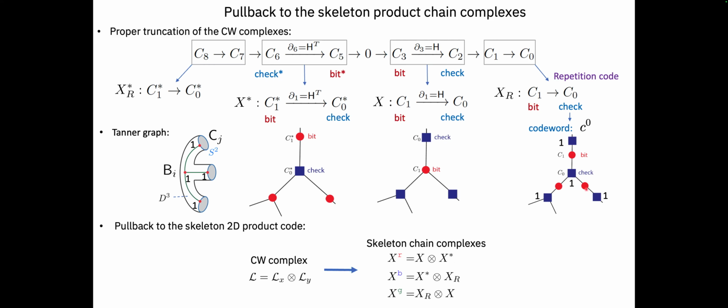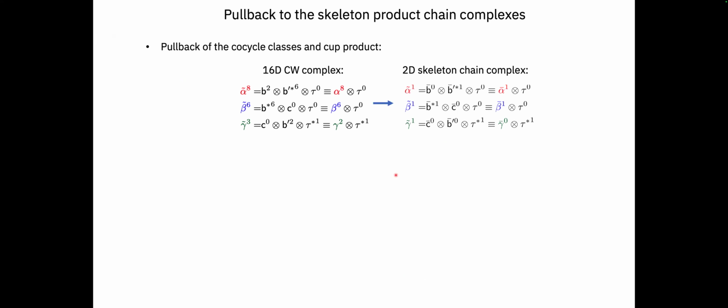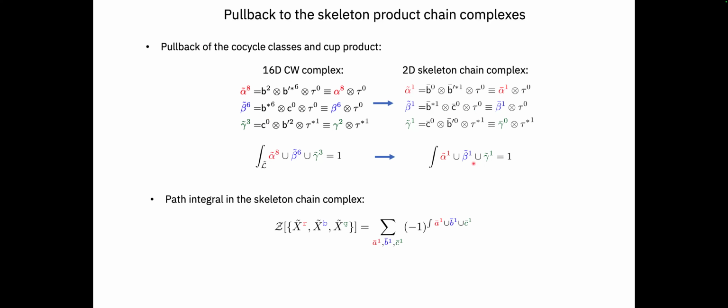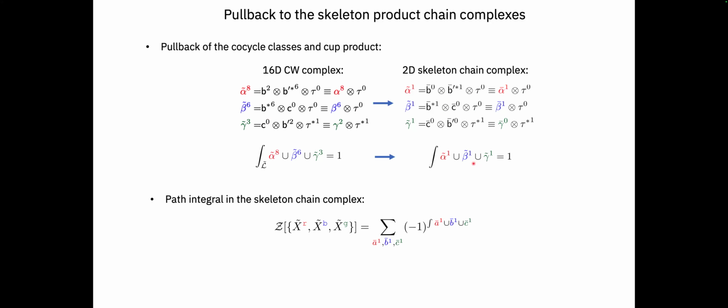And also on this triple of 2D skeleton chain complexes, basically, you can turn the triple intersection of the high-dimensional membranes into a triple intersection of one cocycles or two cycles. And then you can have a well-defined path integral, which instead of being defined on a single CW complex, is defined on a triple of two-dimensional chain complexes, but in a much simpler form.